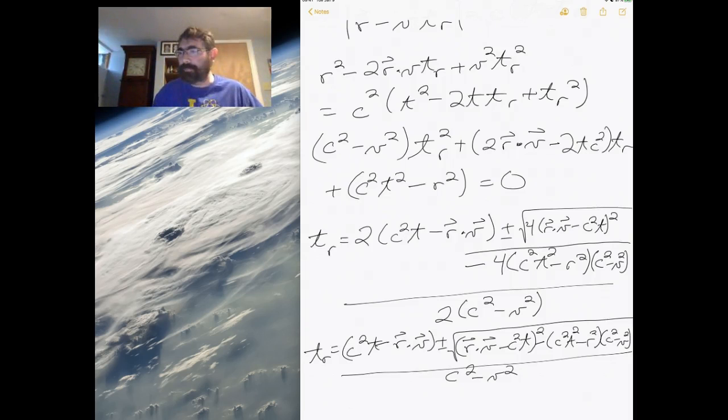Essentially, I just factored out the 4 from the square root and then canceled the 2 in the numerator and the denominator.